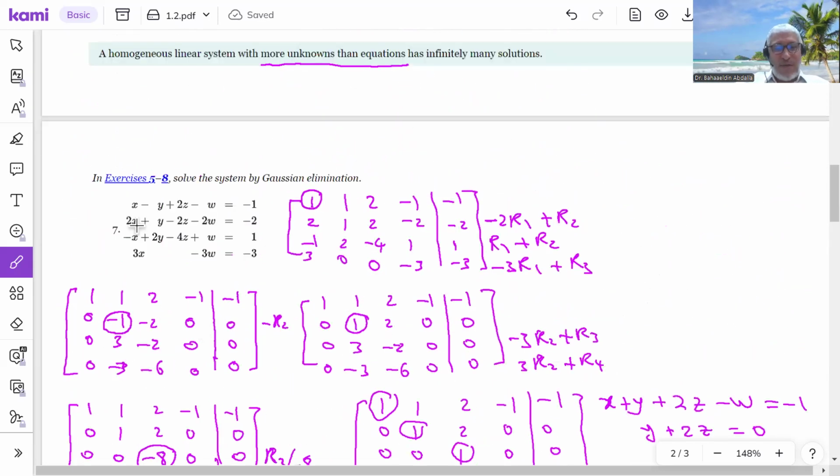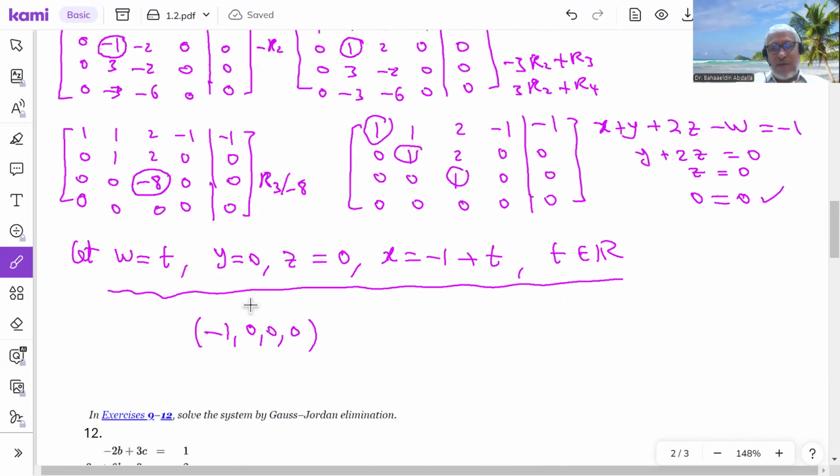If you replace X by -1, negative 1 equals negative 1. Negative 2 equals negative 2. Negative 1 times negative 1 is 1, and all the others are 0. This would be negative 3 equals negative 3, and W is 0. So in fact, this point satisfies the system. You can choose another solution and make sure that your answer is correct. This is the general solution of the system.